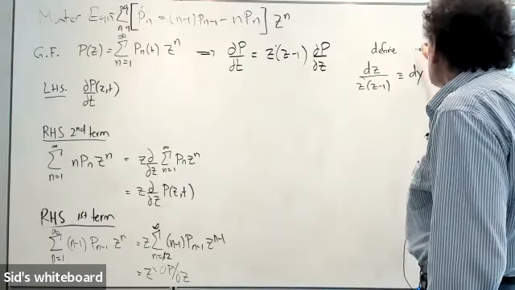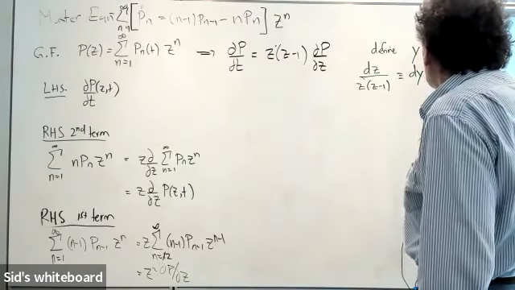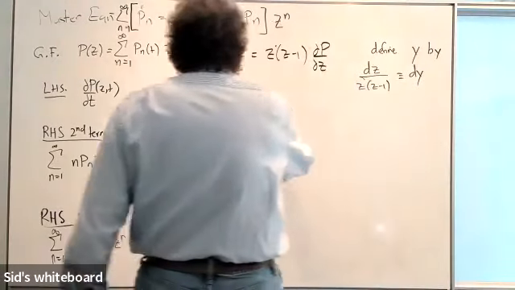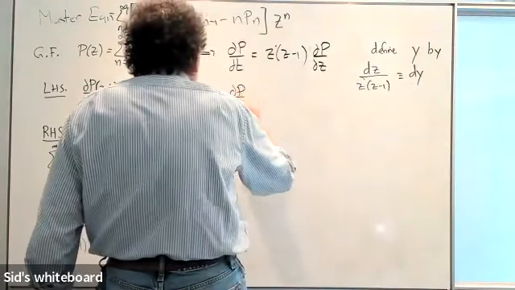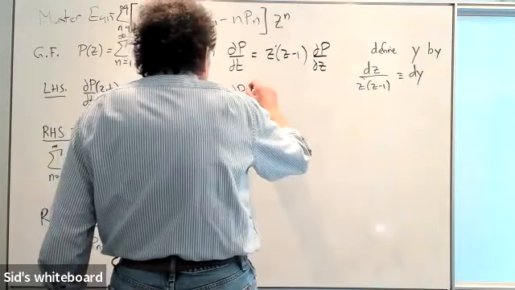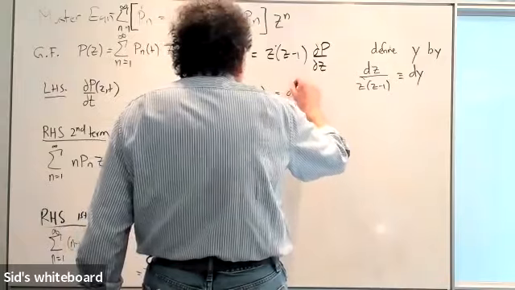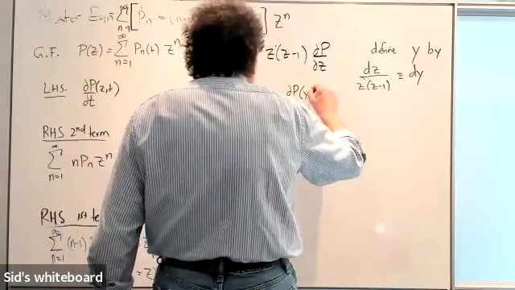And so one sees that by doing this little trick, this transforms to nothing more than dP by dt, which is now a function of y and t because I've transformed variables, equal to dP(y,t) by dy.